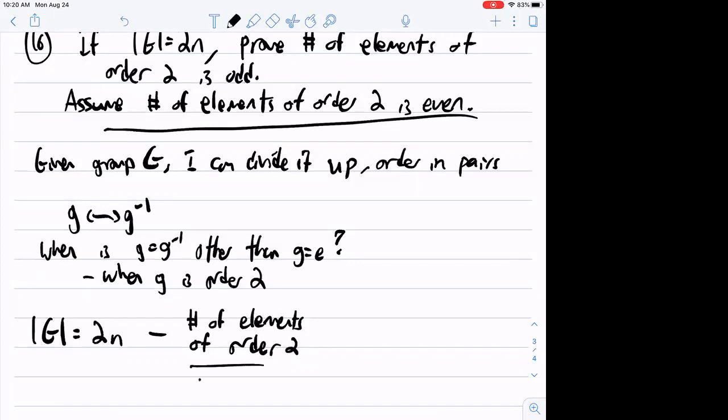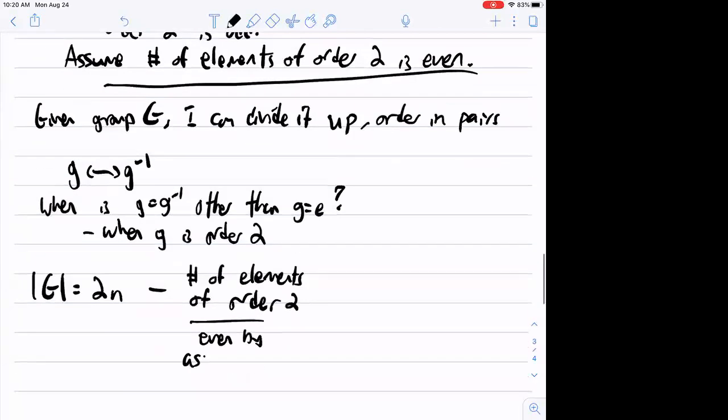And this is even by assumption. So even minus even is still even, right? And then we subtract off 1 for the identity.